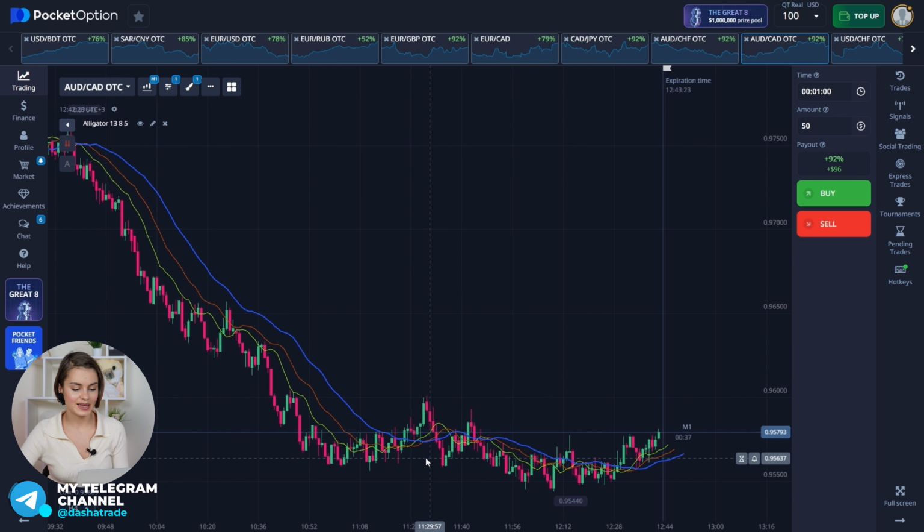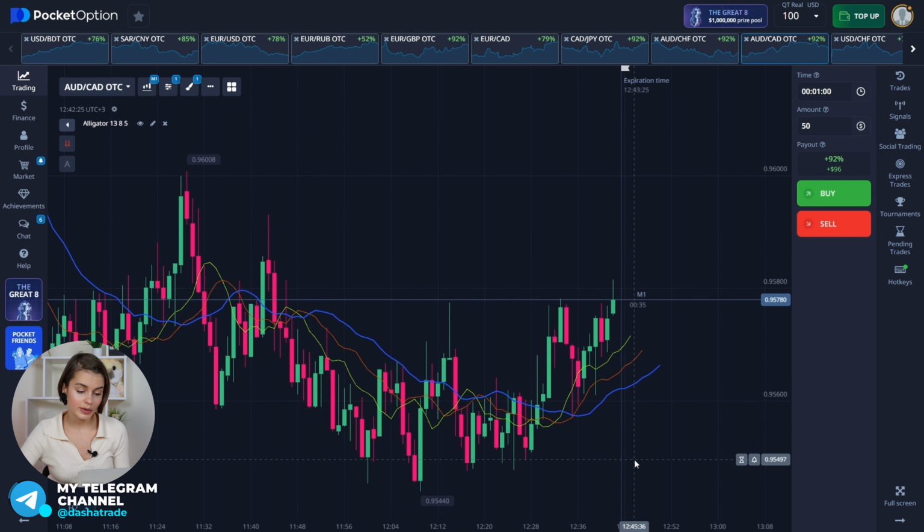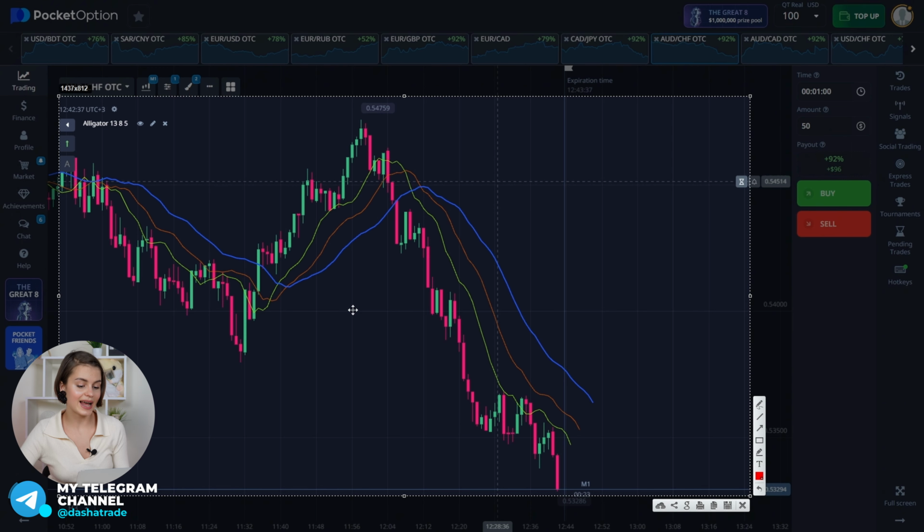Now, let's look at the phases on which we will open positions here. So, the Alligator Indicator is a trend indicator and it helps us to determine the trend. However, our task when trading with this strategy is to pay attention to the intersections which indicate a change of the trend. If we see an intersection where two lines cross the blue one from bottom to top, this is a good signal to open a long trade or a buy trade.